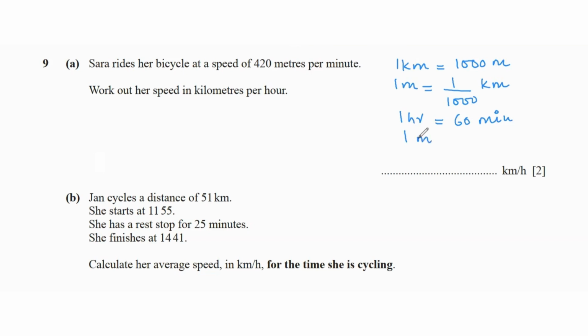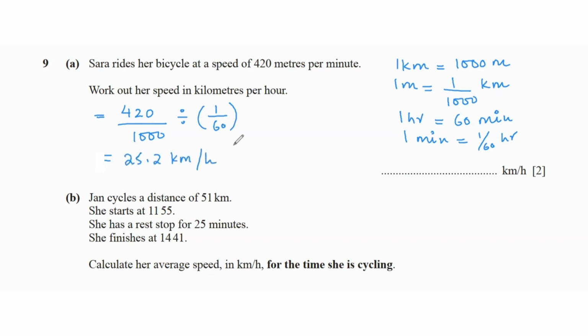So 1 minute is 1 over 60 hours. So what we'll do is 420 divided by 1,000, then divided by 1 over 60, which is basically equal to 25.2 kilometers per hour.